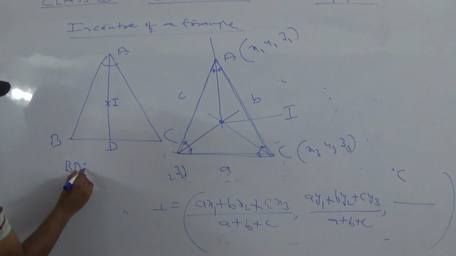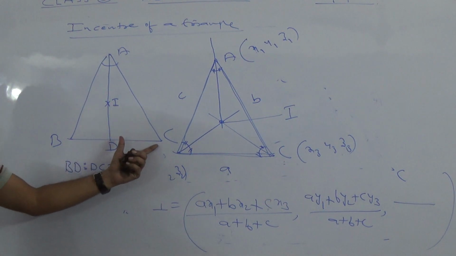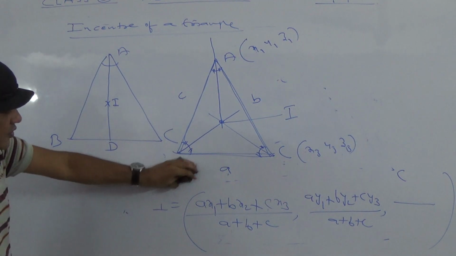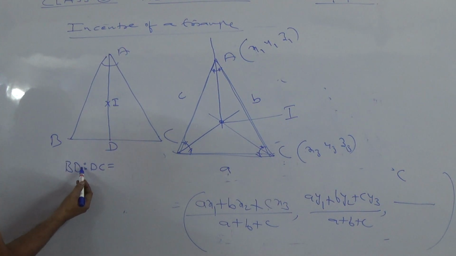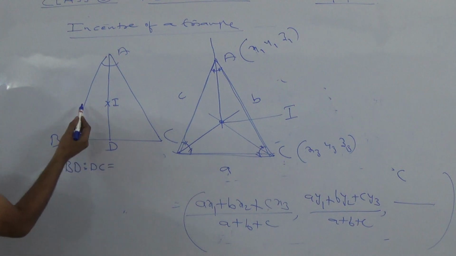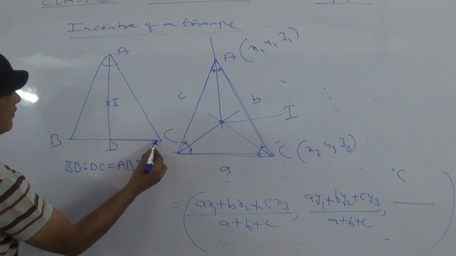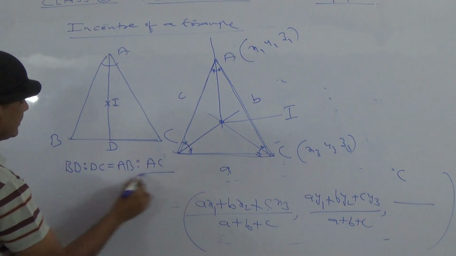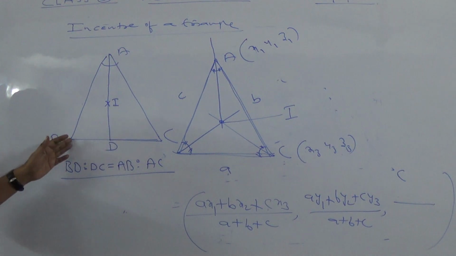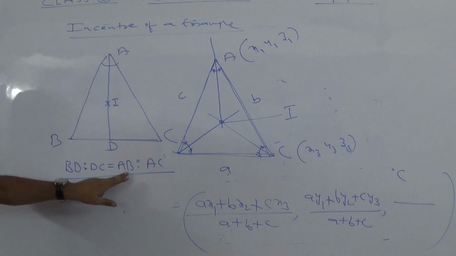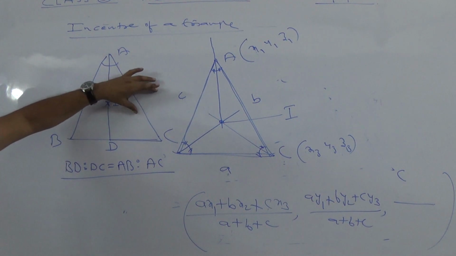BD is to DC is equal to AB is to AC. This is a very important formula. That means D divides the side BC in the ratio AB is to AC, the length of this side to the length of this side.